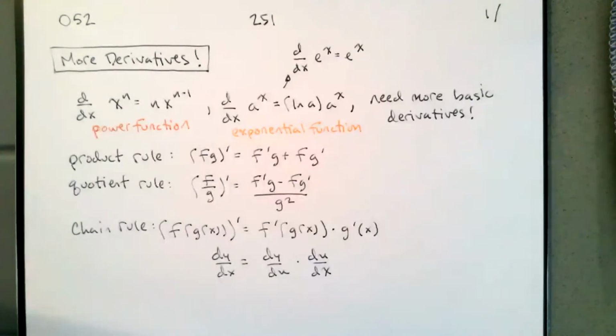Now, we look at combinations of these basic derivatives with the product rule, quotient rule, and chain rule, depending on whether we have these base derivatives in a product, a quotient, or a composition. All right. Our goal today is to add some more basic derivatives and then see how they work in the product rule, quotient rule, and chain rule.